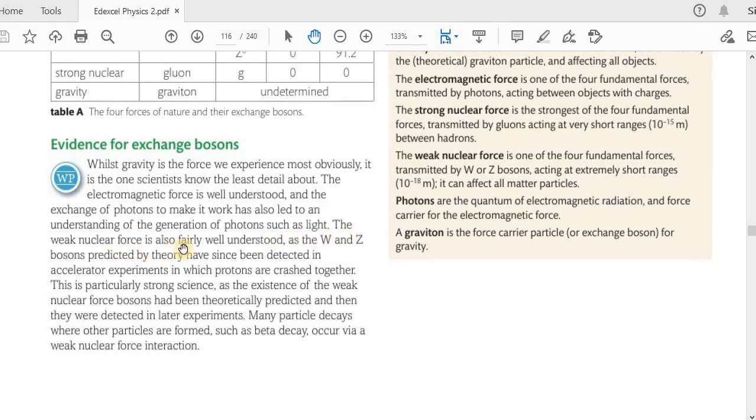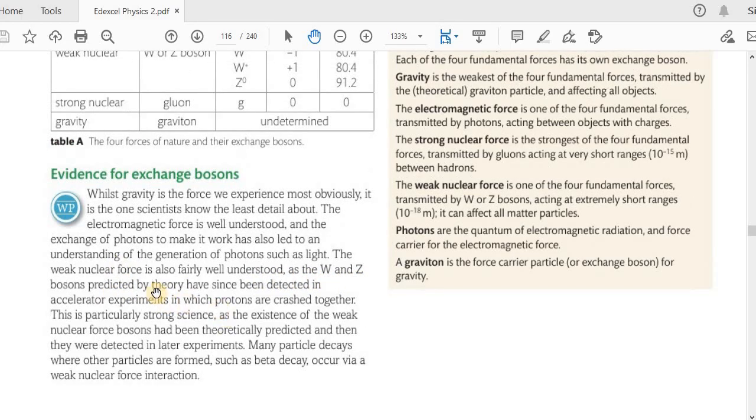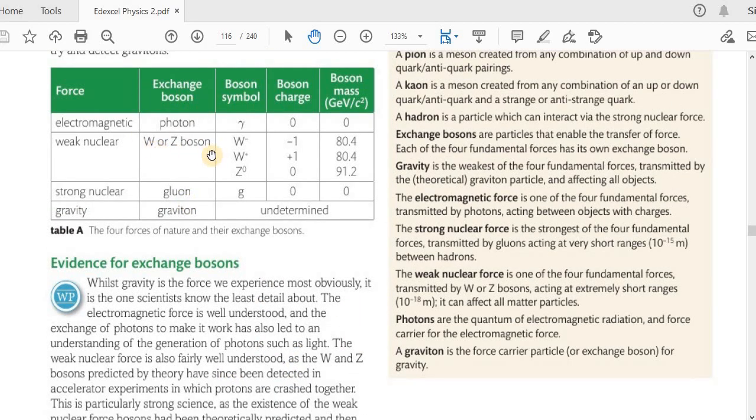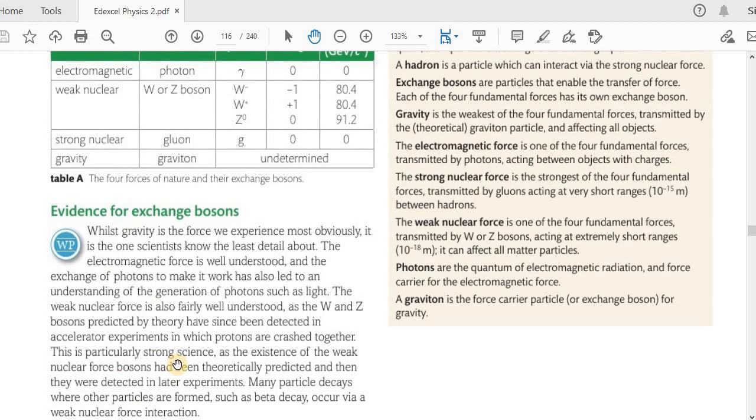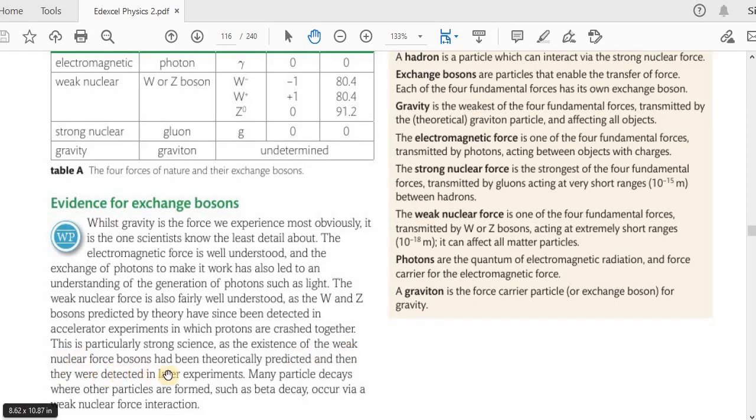The weak nuclear force is also fairly well understood, as the W and Z bosons predicted by theory have since been detected in accelerator experiments in which protons are crashed together. This is particularly strong science, as the existence of the weak nuclear force bosons had been theoretically predicted, and then they were detected in later experiments.